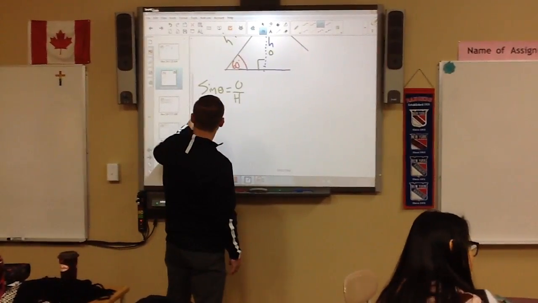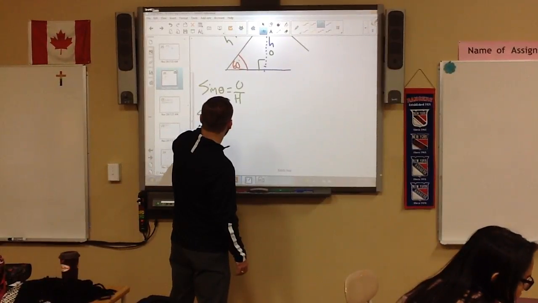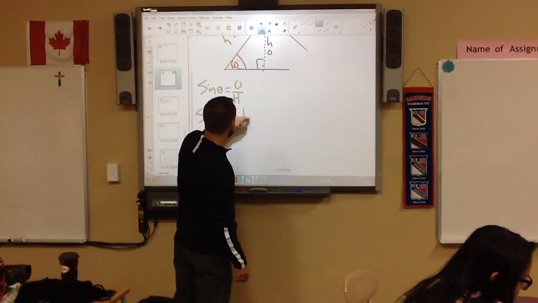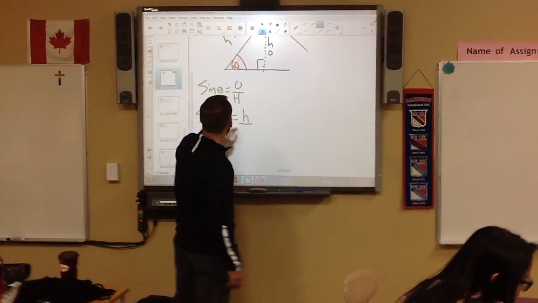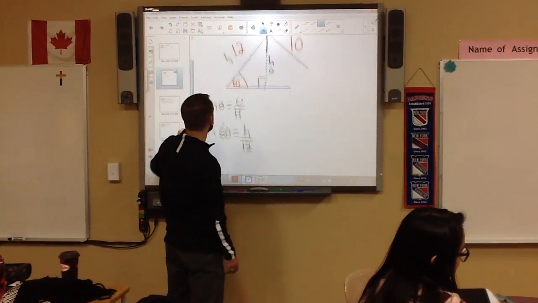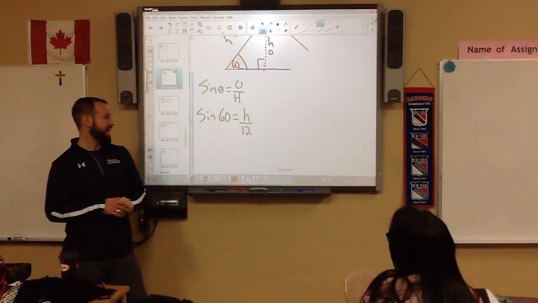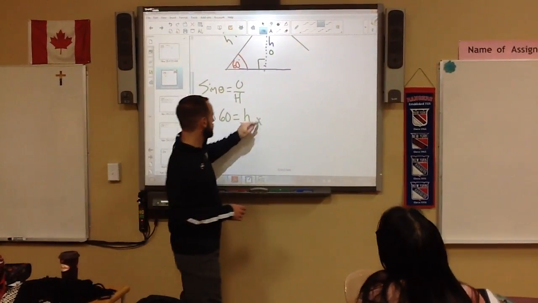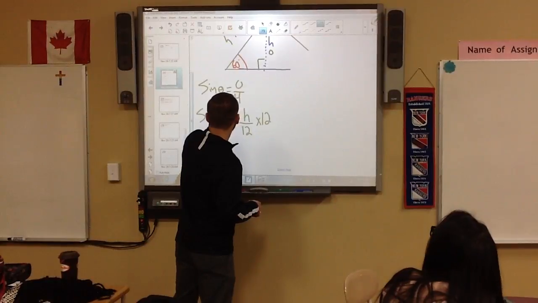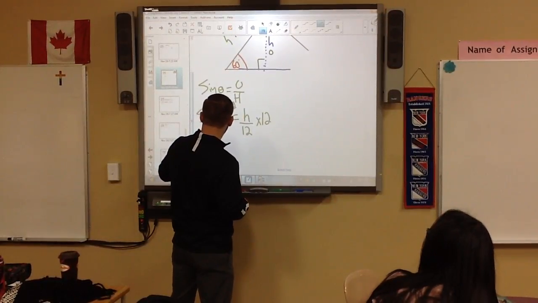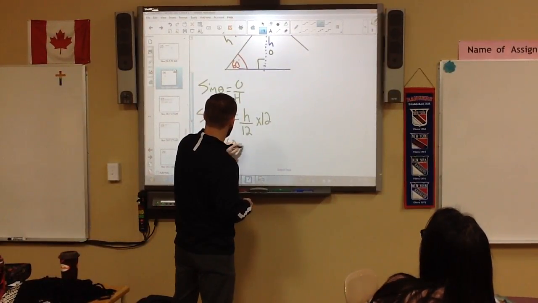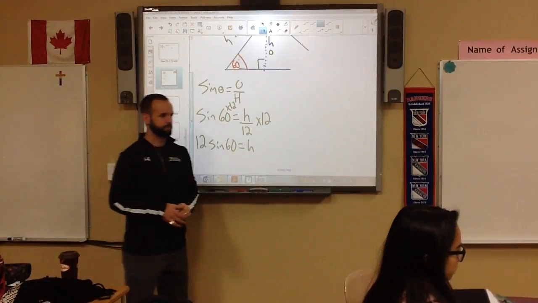In this case, sine 60 is equal to my opposite, which is my height, over the hypotenuse, which is 12. To get h by itself, I multiply by 12. So 12 sine 60 is equal to the height.